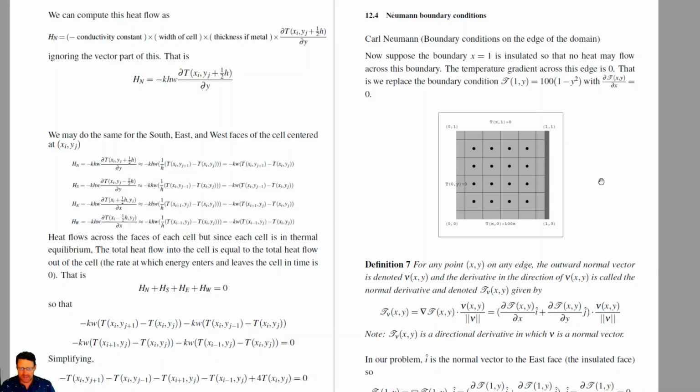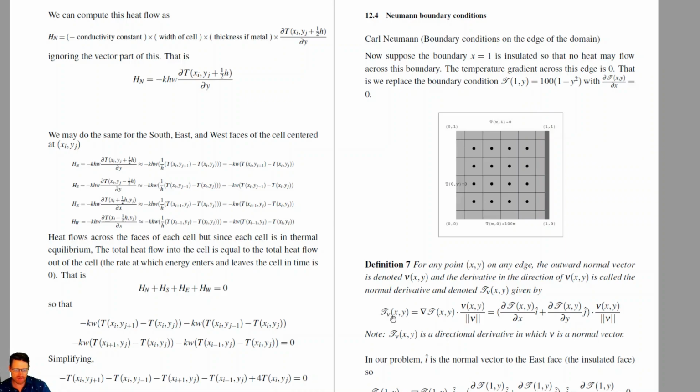Definition: for any point (x, y) on the edge, the outward normal vector v(x, y) and the derivative in the direction v(x, y) is called the normal derivative and denoted T subscript v, where v, remember, is a vector of (x, y), and it's given by this directional derivative formula.